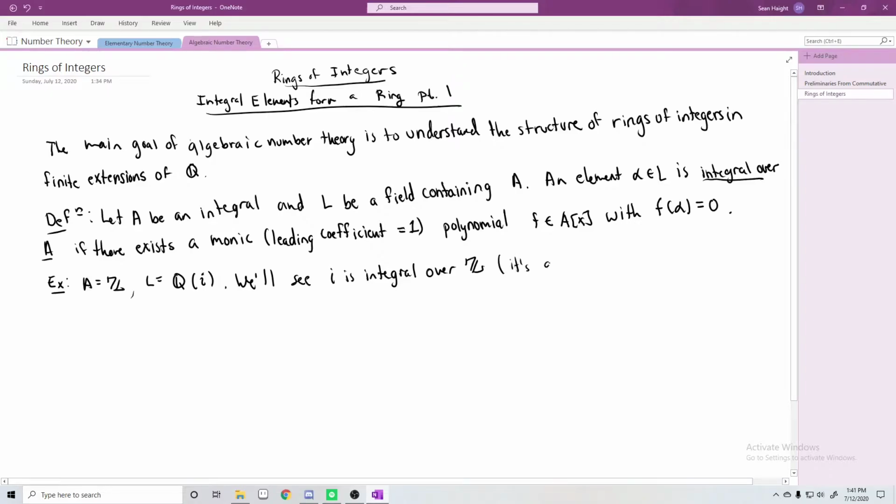We'll see i is integral over Z, it's a root of x squared plus 1, but something like i over 2 is not integral over Z. So you have to do some work to check that something isn't integral over Z. It turns out, so an element is integral if there exists any monic polynomial with coefficients in A that has alpha as a root.